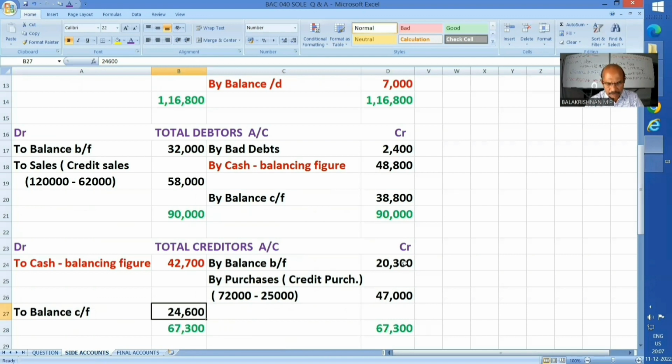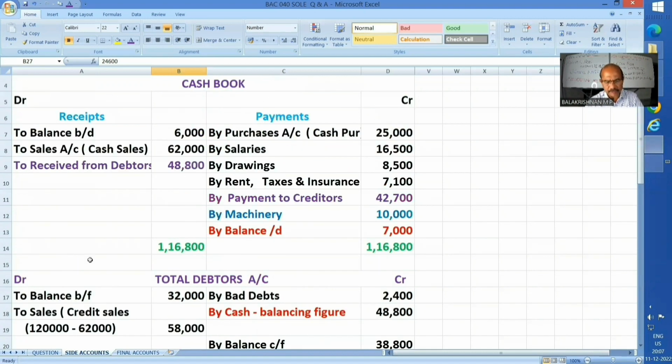So this information and this information are available, right? So what's the difference all about? Actually, creditors means we must have paid the creditors. That's why the difference on the debit side, creditors to cash, that is 42,700. And this account stands closed now. And this, of course, will move to the cash. Correspondingly, it has to be shown here as payment to creditors 42,700.